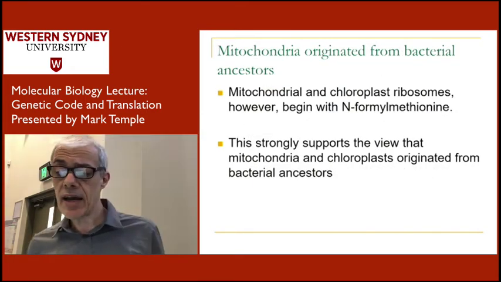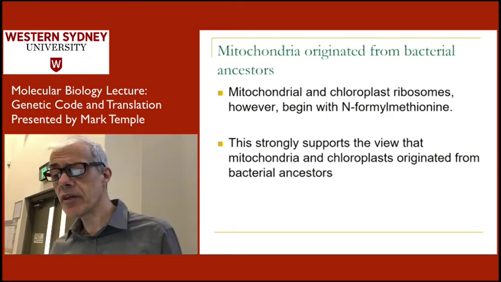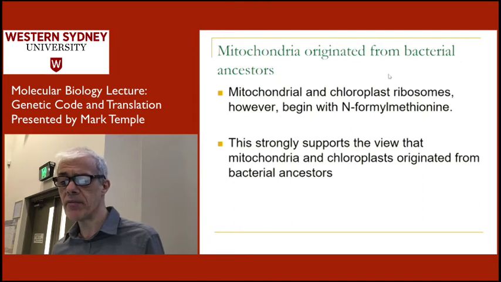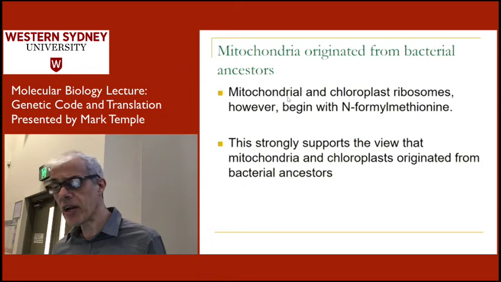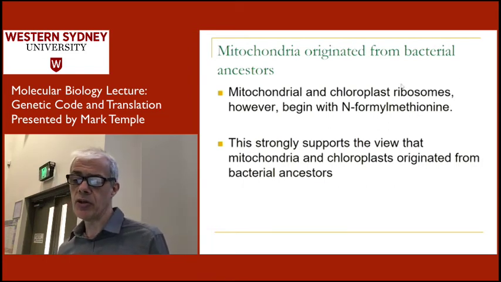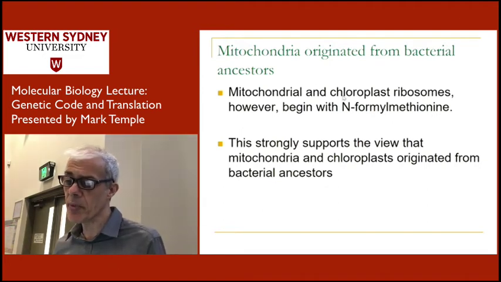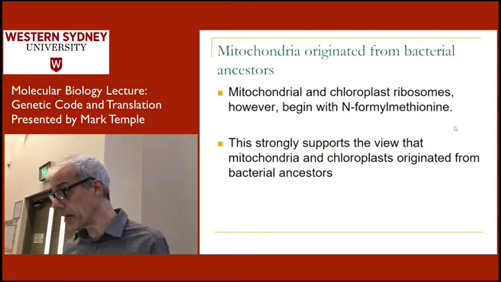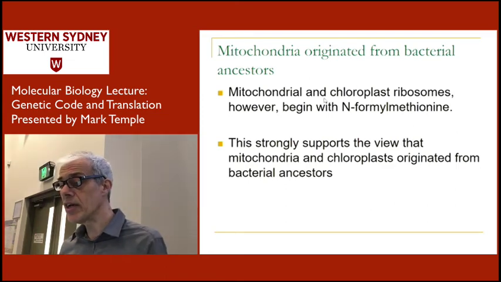Okay, when you look at mitochondria and how mitochondria behave, the mitochondria has a genome and codes for genes. It transcribes and translates proteins from the mitochondrial genome and the chloroplast genome. In this situation, the initiation of translation begins with N-formyl methionine in eukaryotic cells because it's what's happening in the mitochondria or the chloroplast.